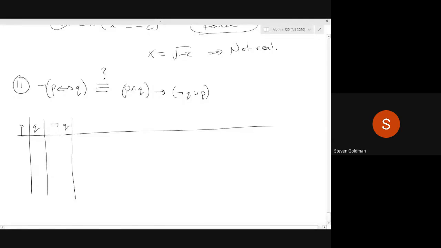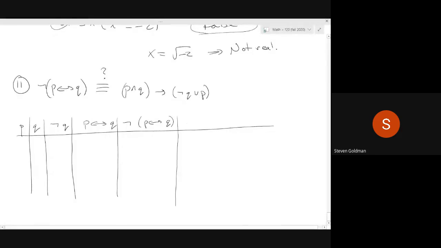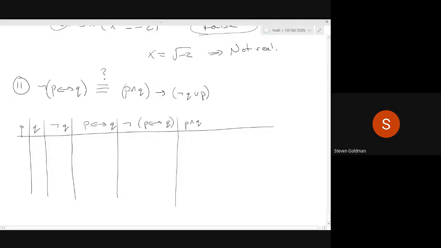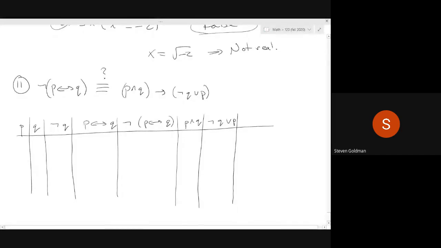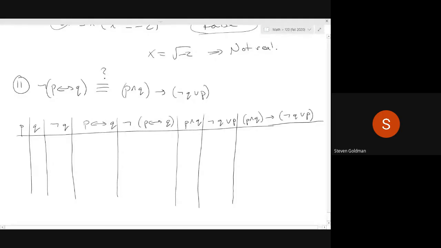There's no not P, so I'm not going to bother with that. We have P if and only if Q, and then we have its negation, the negation of P if and only if Q. All right, and then we have P and Q, not Q or P, and then the conditional statement, if P and Q, then not Q or P. Okay, so those are all the columns that you need in your truth table.